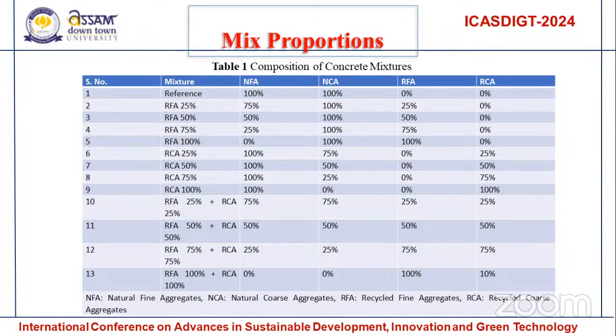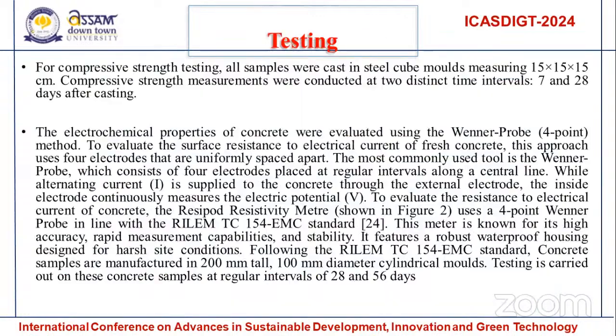The second, third, fourth and fifth mixtures are prepared by replacing natural fine aggregate with recycled fine aggregate. Similarly, in 6, 7, 8, 9 we have replaced natural coarse aggregate with recycled coarse aggregate in four ratios: 25, 50, 75 and 100. And in the last four mixtures, 10, 11, 12, 13, the replacement is of both aggregates: natural fine as well as natural coarse aggregates are replaced with recycled fine and recycled coarse aggregates.